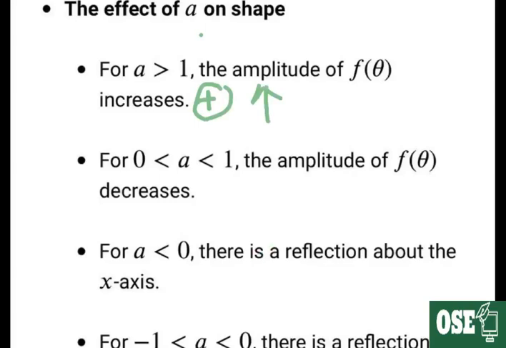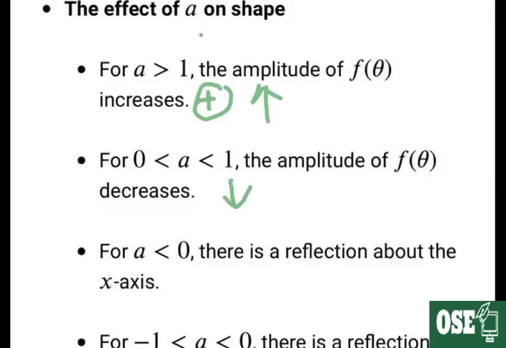And then when A is between 0 and 1, so these are decimals, like 0.1, 0.2, 0.5, 0.65, 0.7, any number between 0 and 1, the amplitude will decrease.